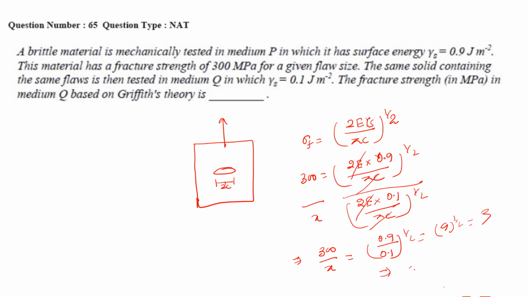So x equals 300 by 3, that means 100 MPa, right? So when we decrease the surface energy, we get a fracture stress which is much lower. Okay, so this is the answer.